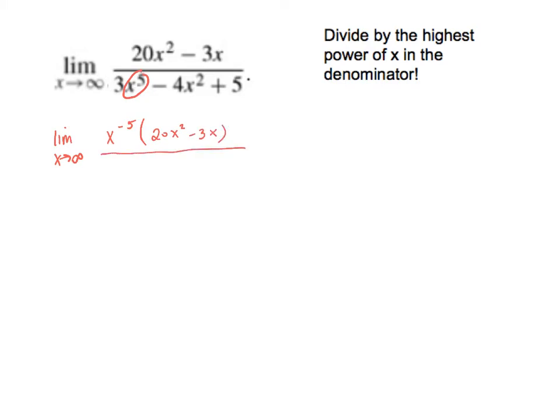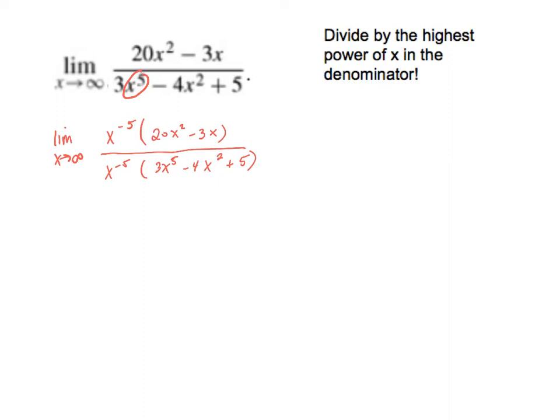I'm not changing the value of anything, because I'm multiplying top and bottom by the same thing. I'm picking x to the 5th because it would have the largest impact on this division problem. So this will allow us to analyze the end behavior much more easily.